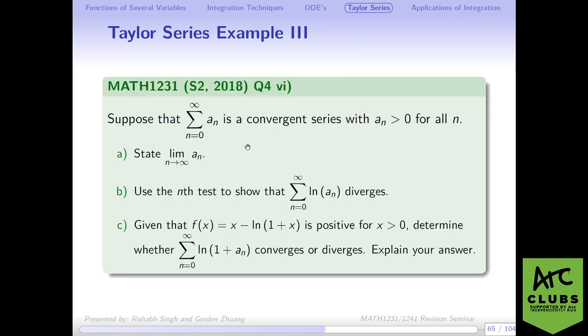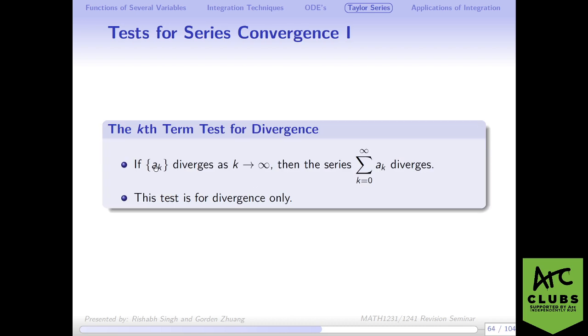For part B, we're asked to use the nth term test, which is basically the divergence test, to show that this sum diverges. Remember, the test was just that we had to show that this term diverges as k goes to infinity.